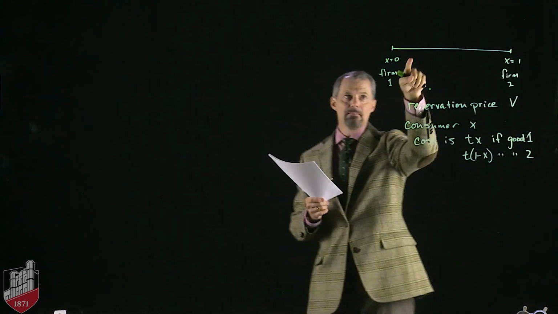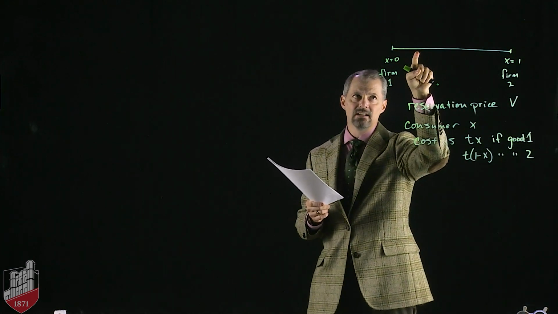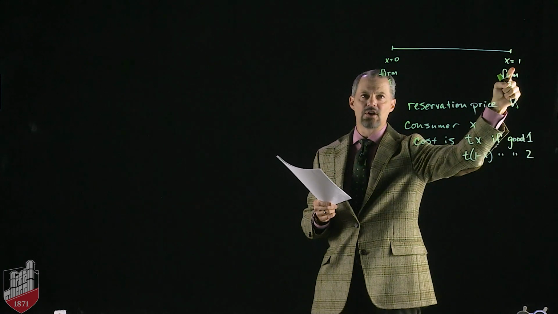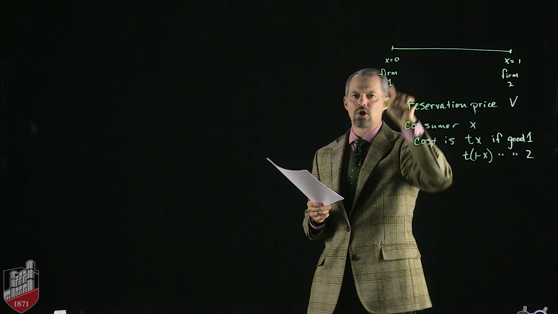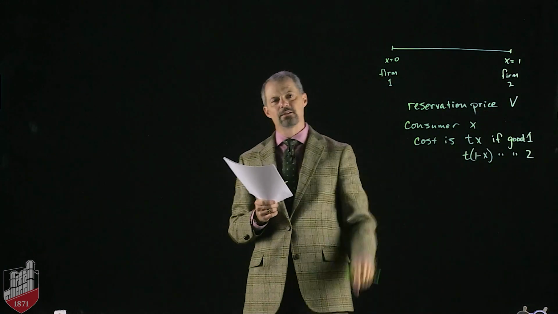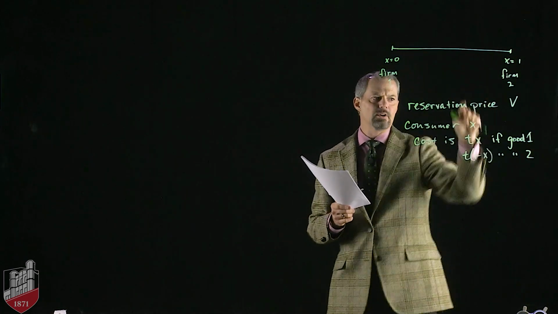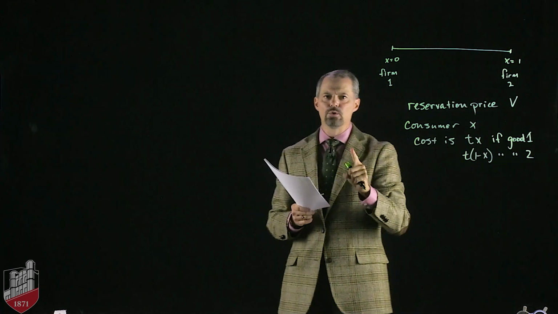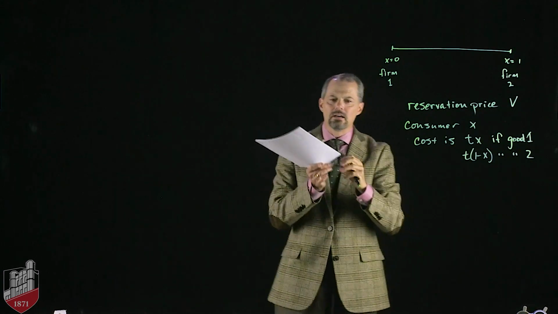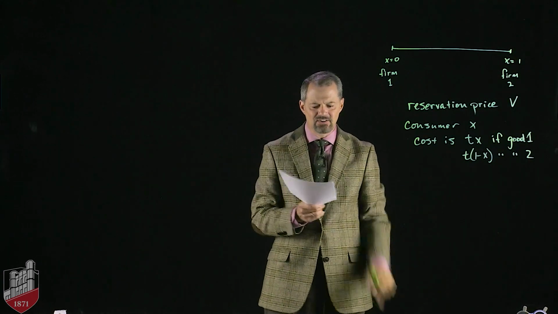Okay. So they may be down here on this end and still buy from this firm if firm 1 charges a high enough price relative to firm 2. So the location of the customer, their address, doesn't tell you what they buy aside from the price. We have to consider that as well.